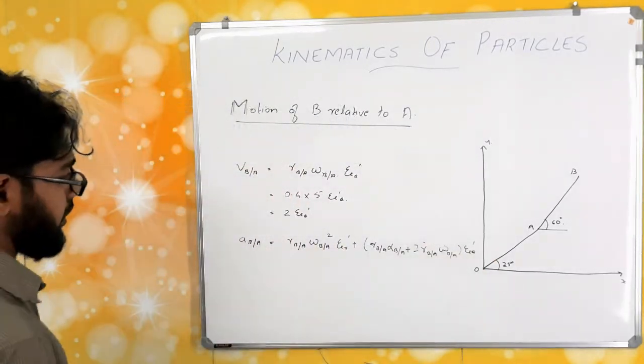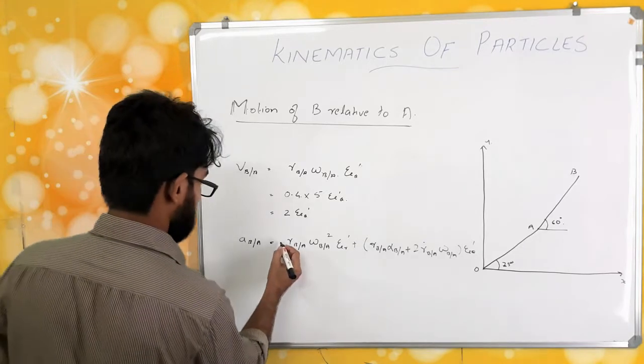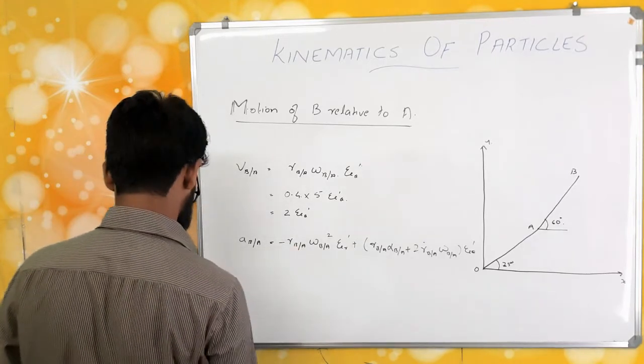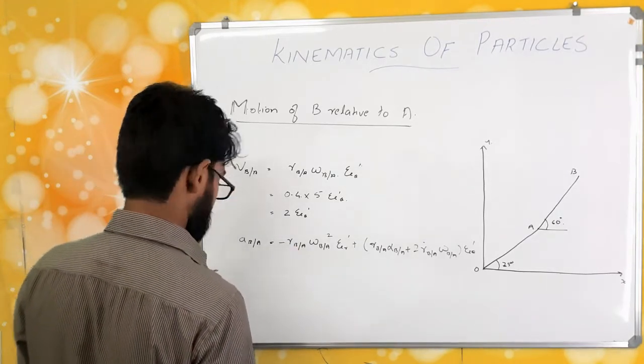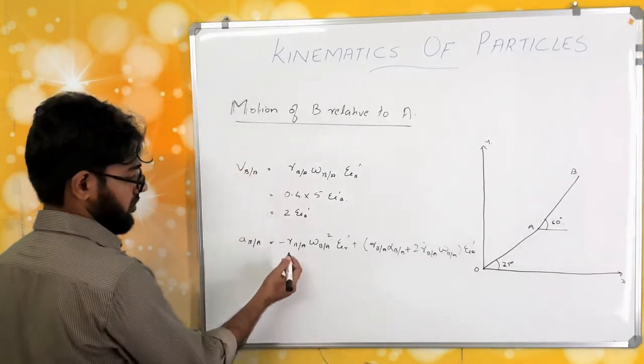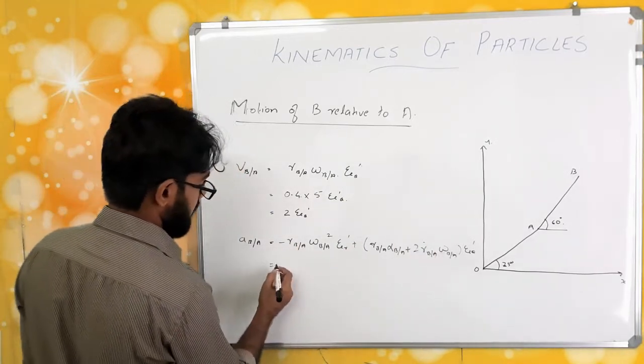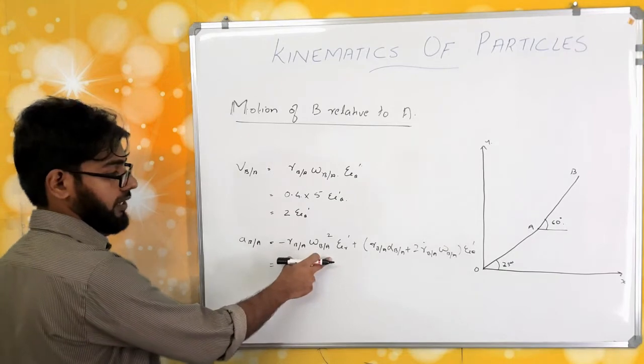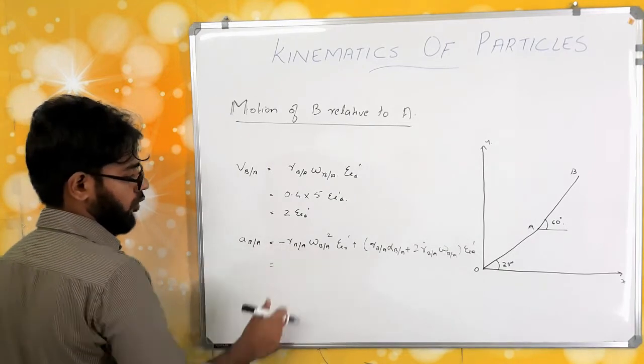You have here a negative sign which indicates that the corresponding value is in this direction. So this is the equation if you are finding the value using polar coordinates.